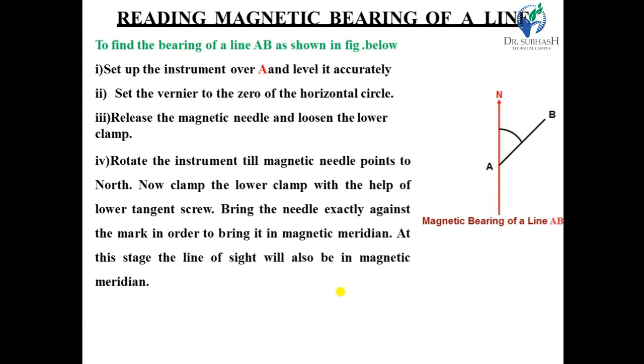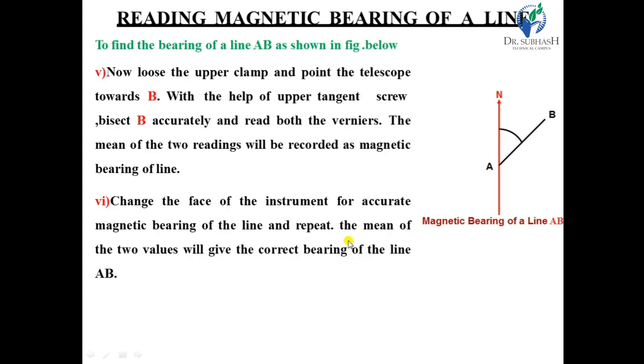Release the magnetic needle and loosen the lower clamp. Rotate the instrument till the magnetic needle points to north. Now clamp the lower clamp and use the lower tangent screw to bring the needle exactly against the mark, in order to bring it in the magnetic meridian. At this stage, the line of sight will also be in the magnetic meridian.